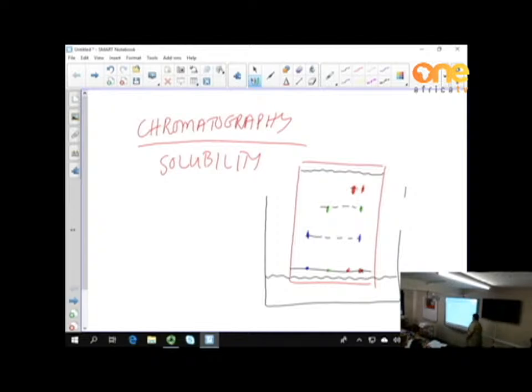All right. Now, we can work out a mathematical value. We talk about an RF value.